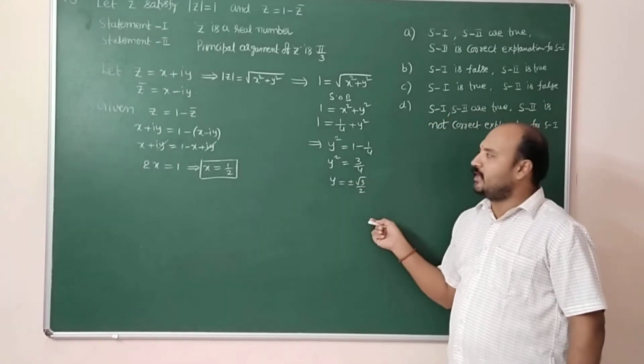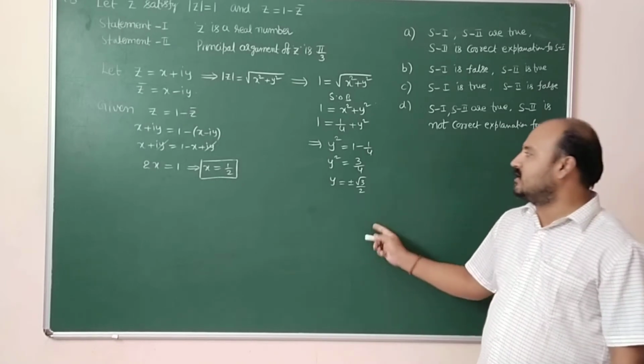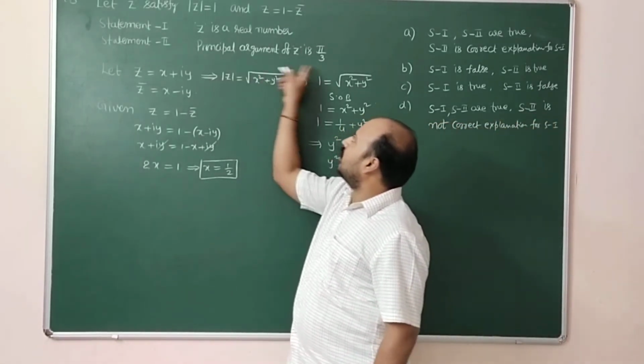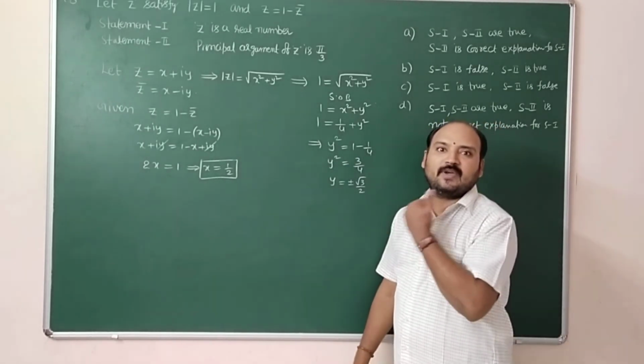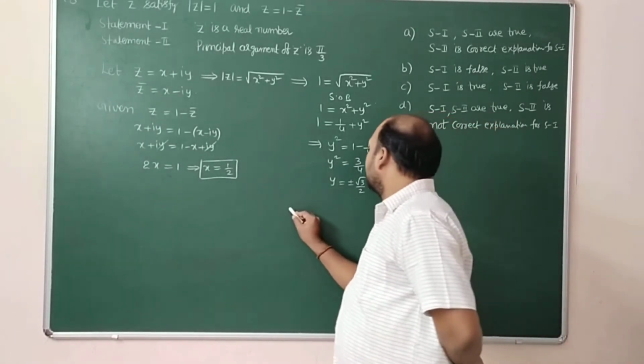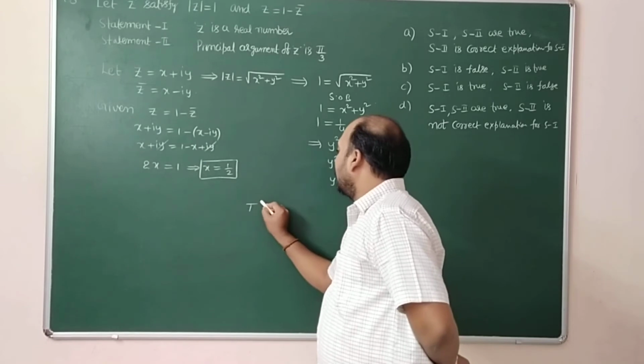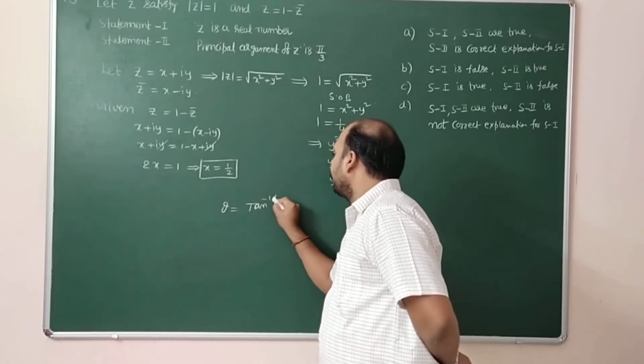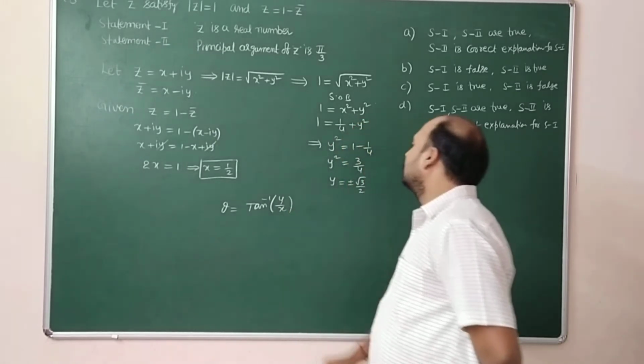I hope you understand here. Root 3 by 2, plus or minus. Here you can take only plus. Why? Because the principal argument of z is pi by 3. So the argument theta is equal to tan inverse of y by x.